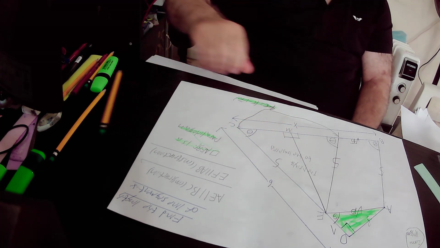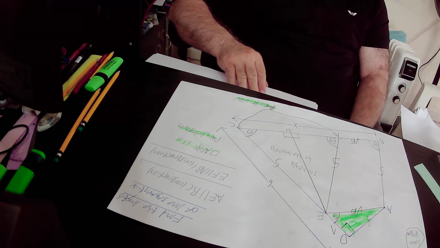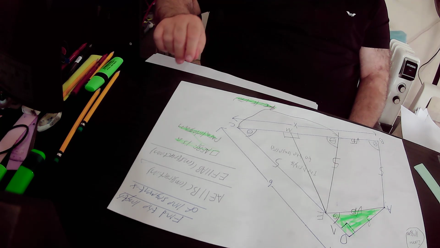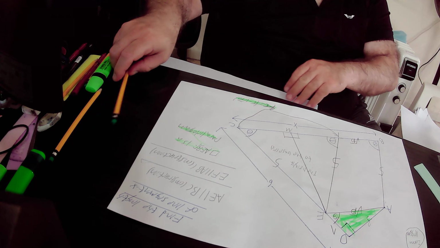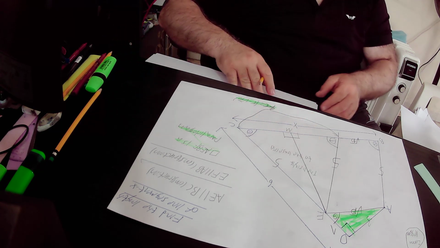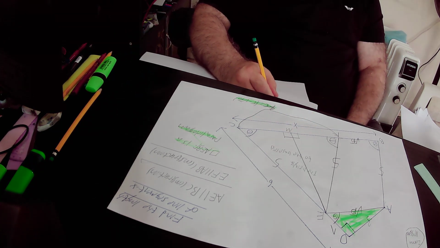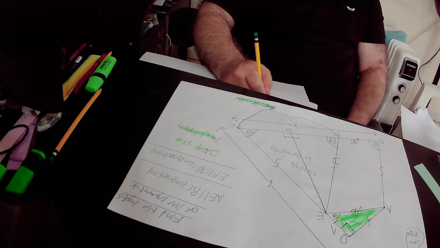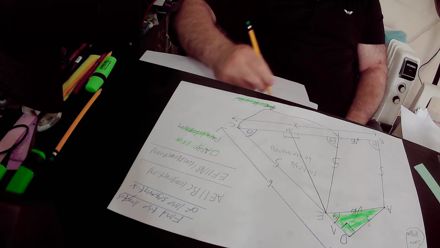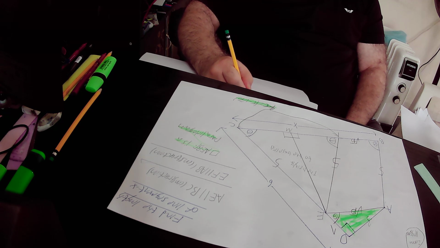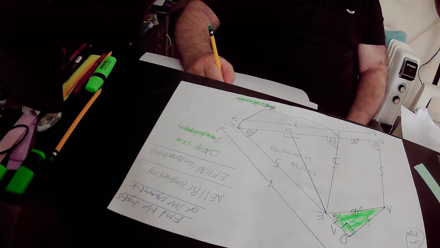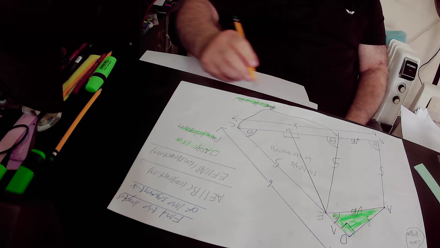Okay, so right here, line segment EM is the height to the base FC.